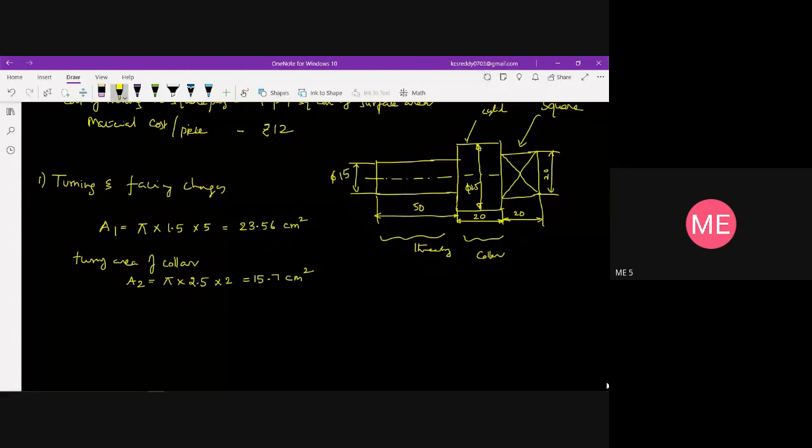So now total facing area. Facing we need to do after turning. So what is the total facing area? Here we are going to do the facing area here and then here.